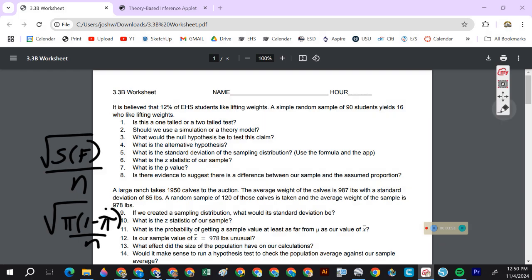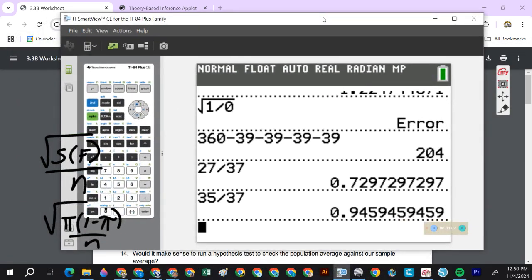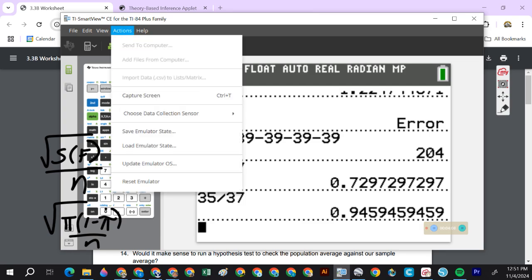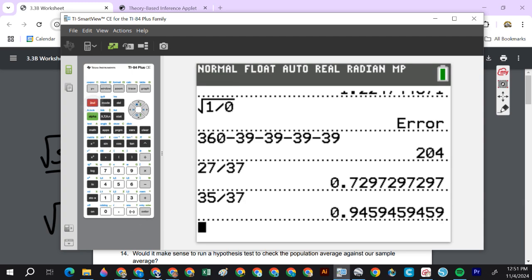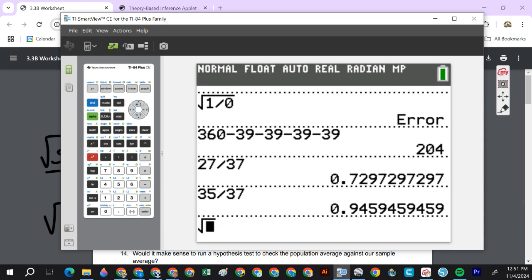All right. So my calculator's on another screen. So we get the square root of 0.12 times 0.88 divided by 90.